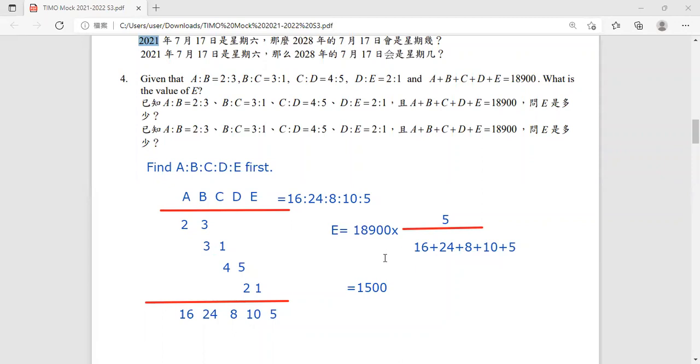Any questions? I think this is some basic math. Which one? Question 2? You mean question 2?